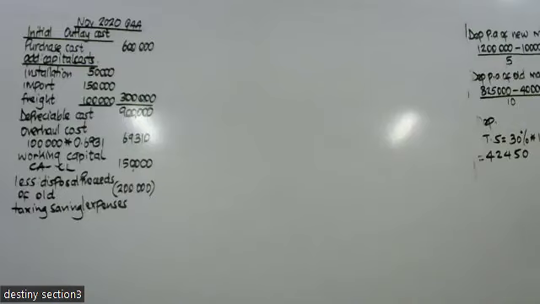Then compare the net book value with the disposal proceeds from that asset, and you either get a gain or a loss on disposal.